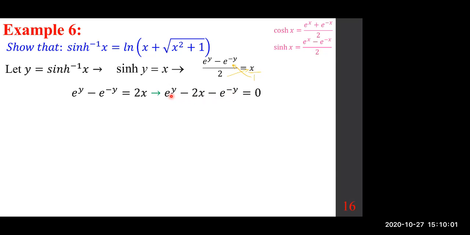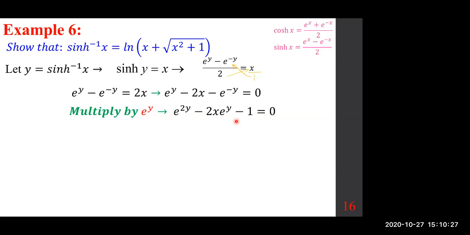So this becomes e to the power of 2y, or e to the power of y squared. This becomes minus 2x e to the power of y, and this one becomes minus 1. I hope you see that when you multiply e to the power of y by e to the power of negative y, the result is 1. Don't forget the sign.